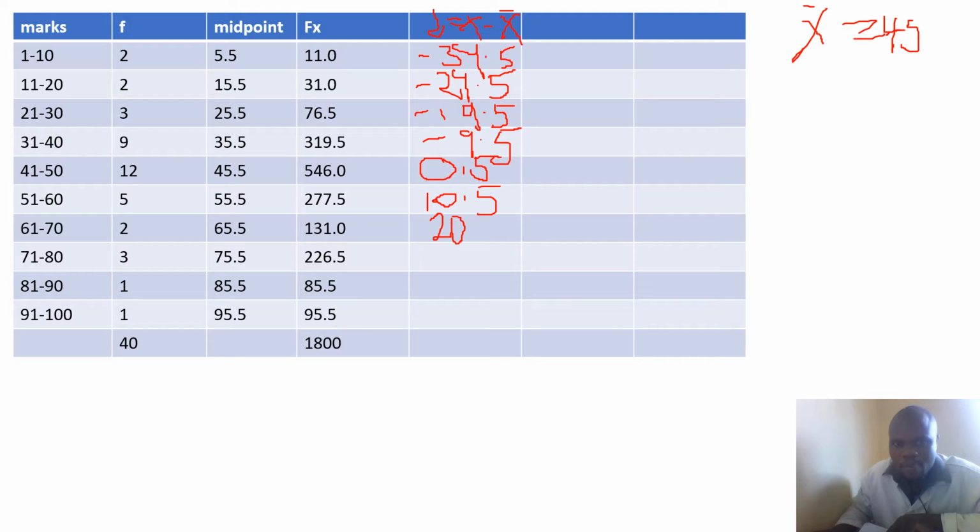Then 75.5 minus 45, this one you get is 20.5, and then 85.5 minus 45, you get 30.5. And then 95.5 minus 45, you get 40.5, 50.5.